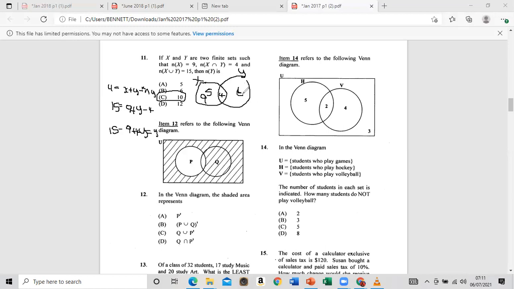So this is the 6. So 5 plus 4, 9, plus 6, 15. Alright. So 10 is the answer because this plus this. In an earlier video, I was thinking about only, it's not only, so it will be 6 plus 4, so that gives us 10. In the Venn diagram, the shaded area represents everything is shaded except P, so that's P prime or P complement, the complement of P.